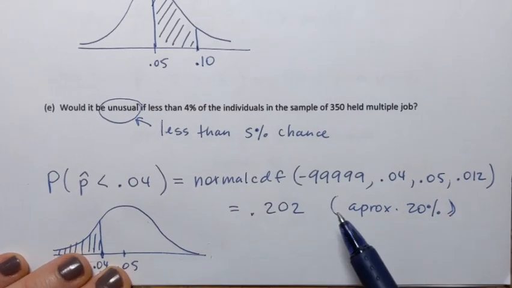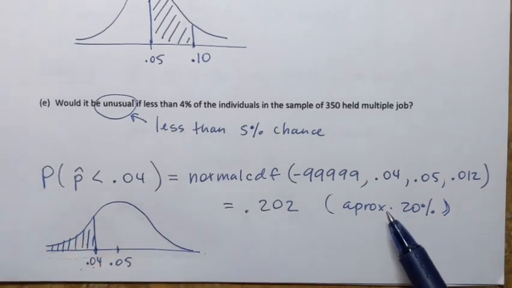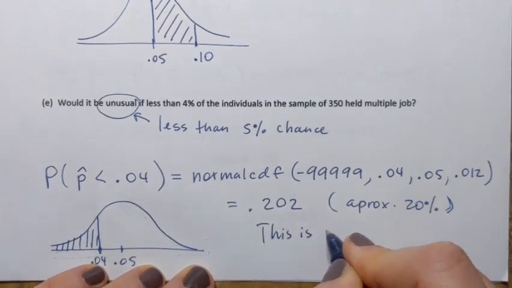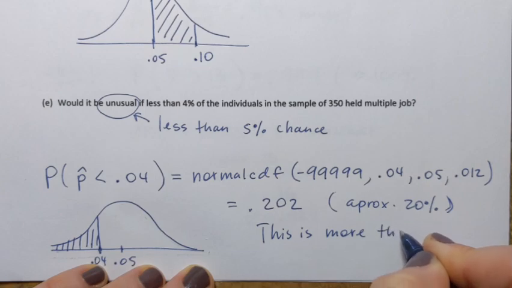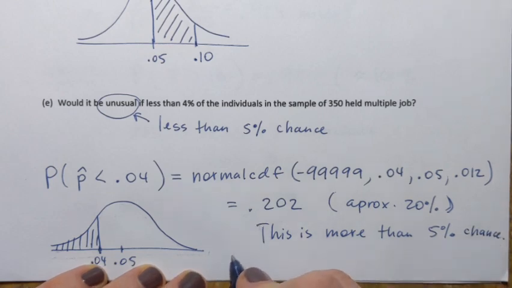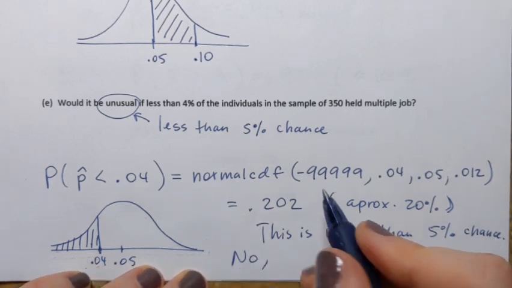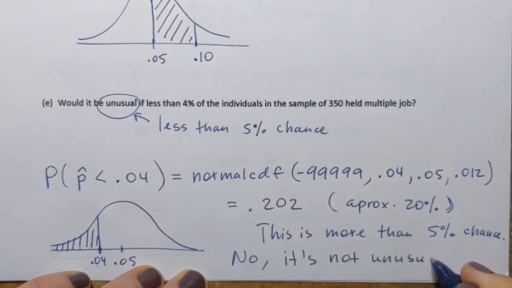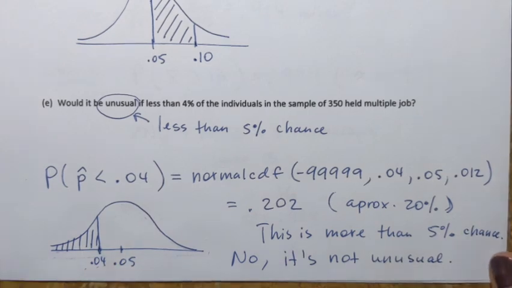It would be unusual if the probability were less than 5%. So this is more than a 5% chance. That means that we conclude that it's not unusual. That's how you answer this question.